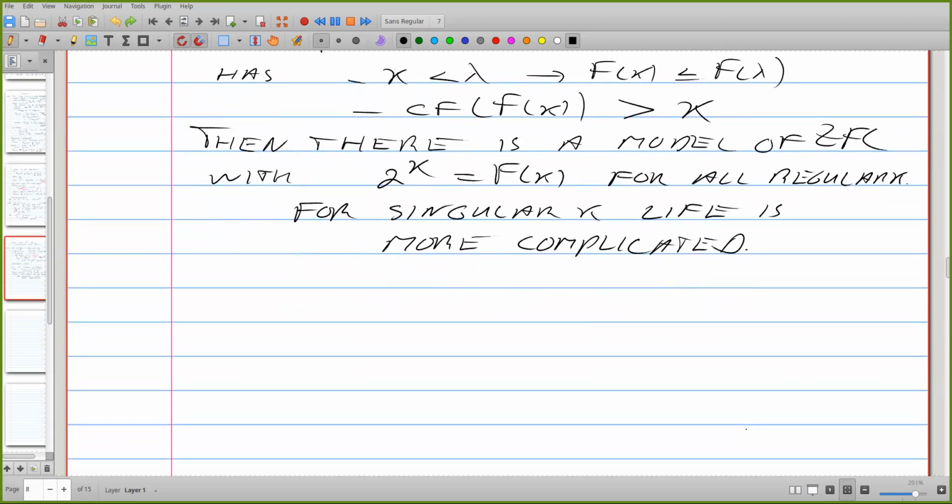What can we say more? I just mentioned this, but it is actually a fact. If kappa is less than lambda, then kappa does not have more subsets than lambda. That is easy to see.